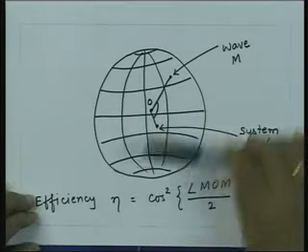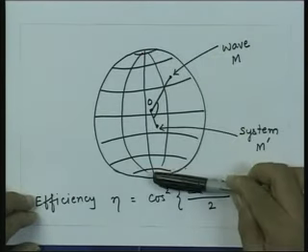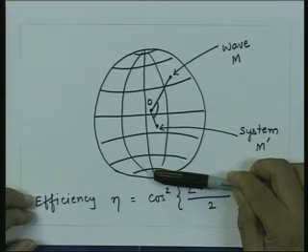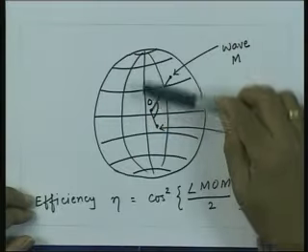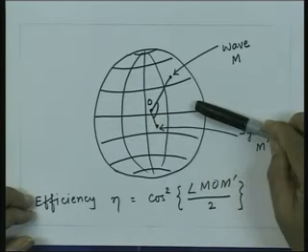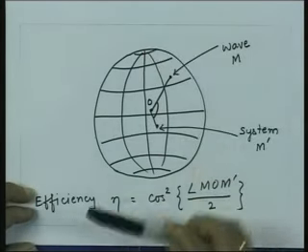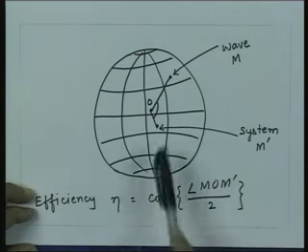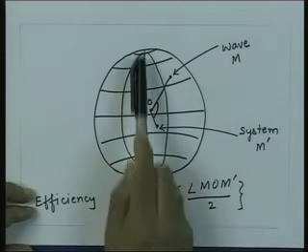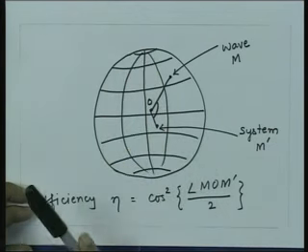A circularly polarized wave will lie either on this pole or this pole depending upon the sense of rotation. So, the angle between this and this is always 90 degrees. Any point on the equator and the pole, the angle is 90 degrees. So, this angle M O M prime for a linear polarization and circular polarization is always 90 degrees.